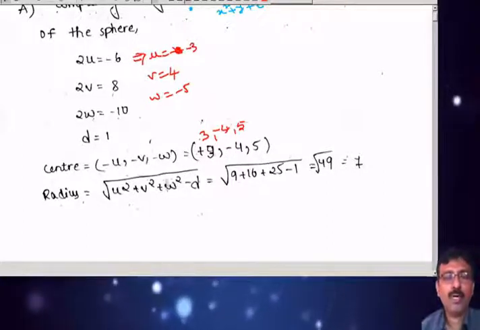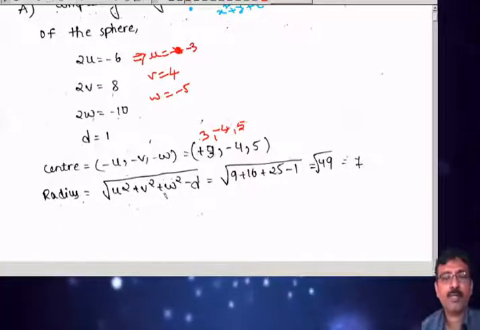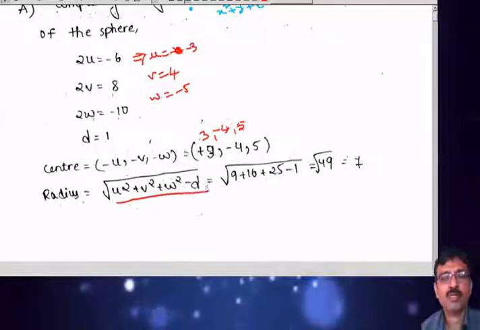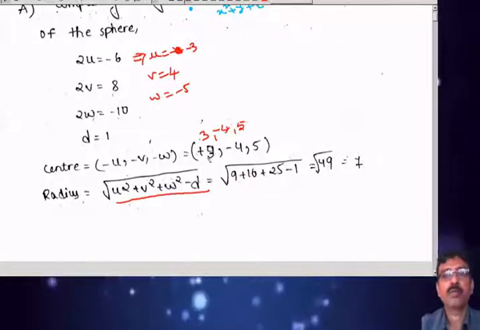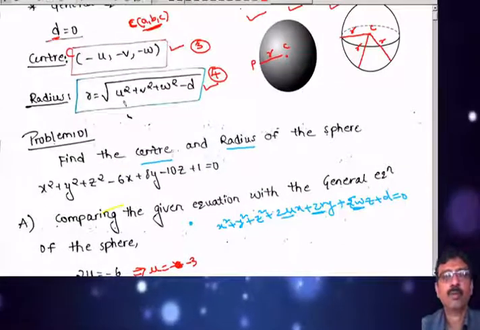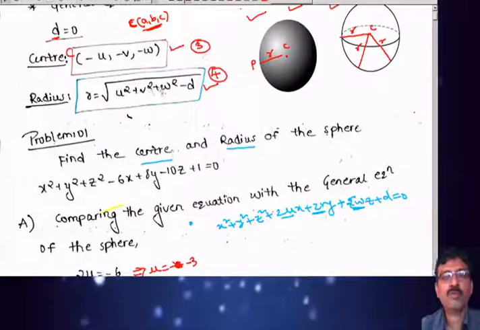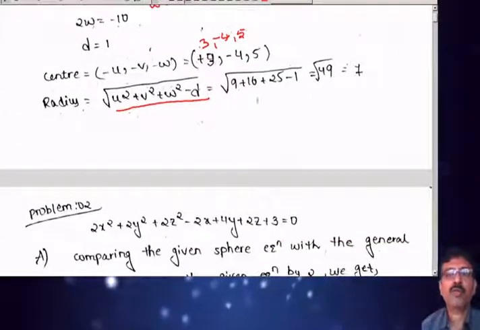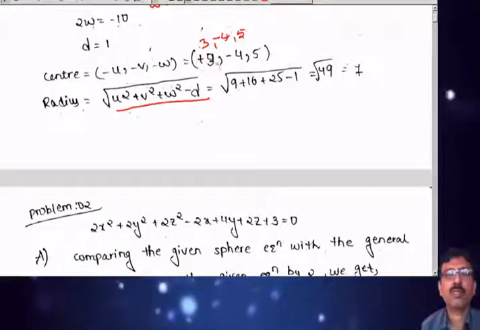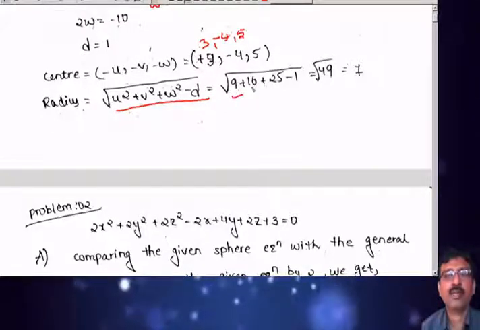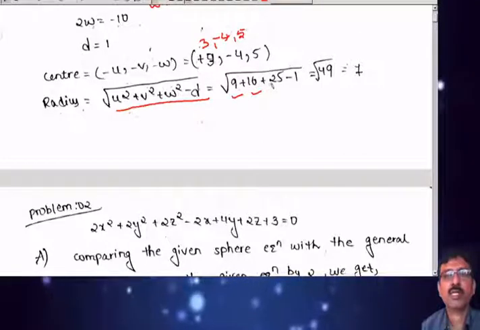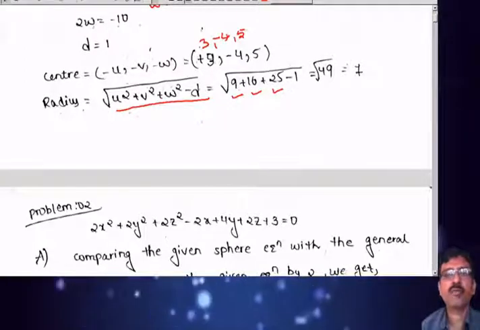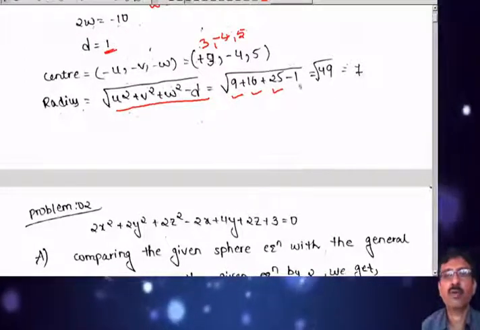And coming to the radius, the formula for radius is under root u square plus v square plus w square minus d. Substituting the values, u is minus 3, whole square is 9, v square 4 square is 16, w square minus 5 square is 25, and d is 1.